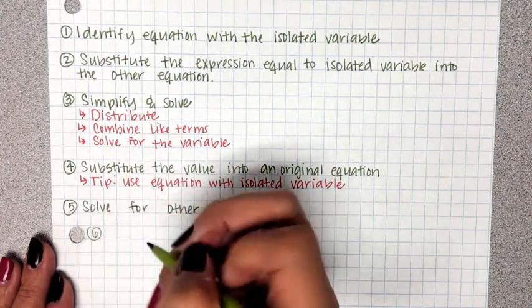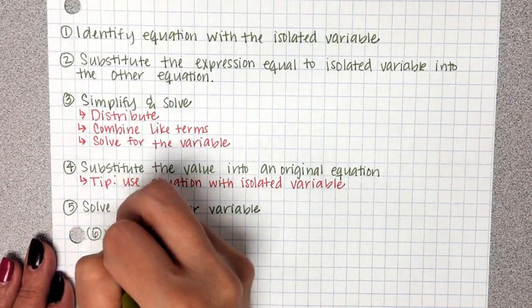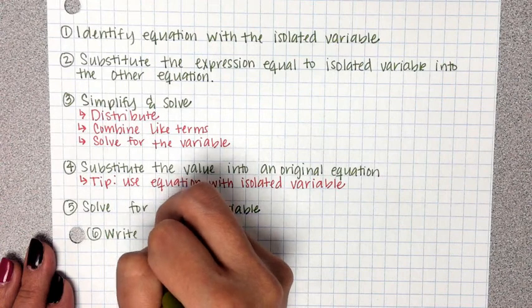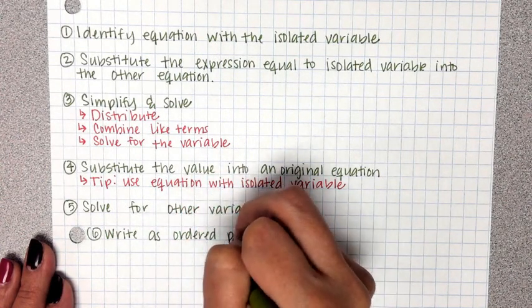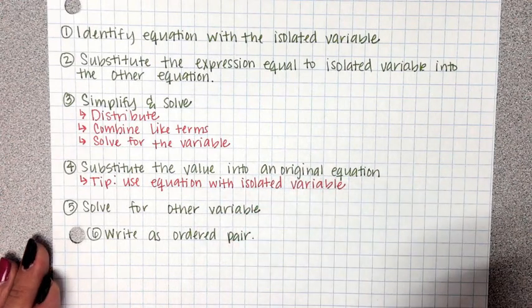Then step 6, write it as an ordered pair. Okay.